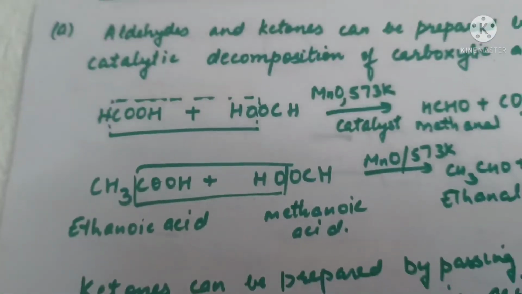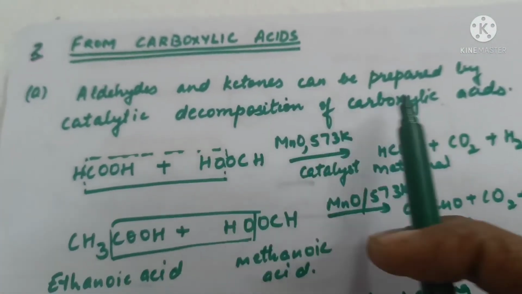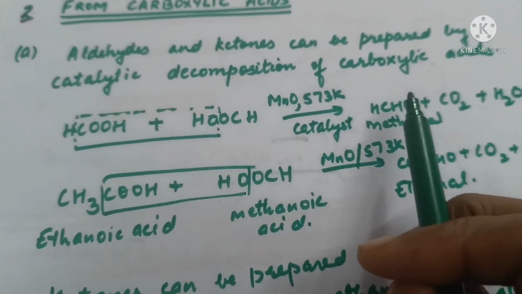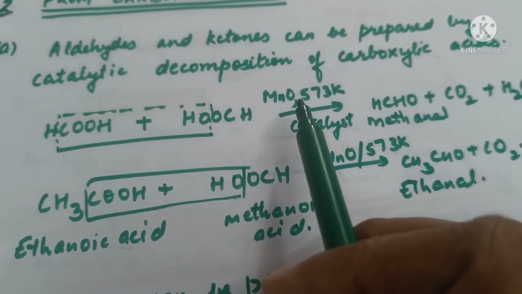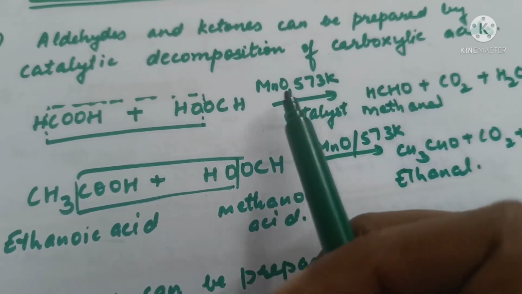Third method is from carboxylic acids. So there are two methods. First is aldehydes and ketones can be prepared by catalytic decomposition of carboxylic acids. Carboxylic acids are heated with manganese oxide as catalyst at 573 Kelvin.